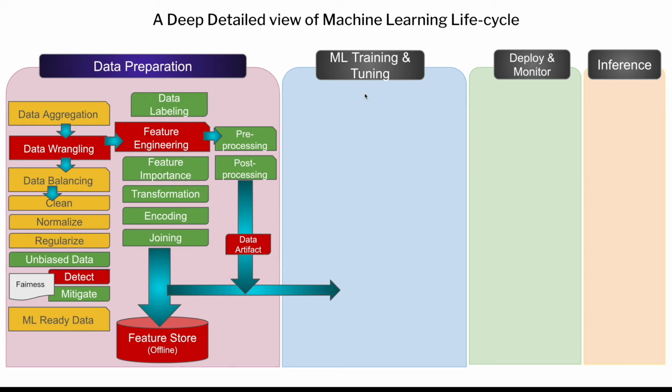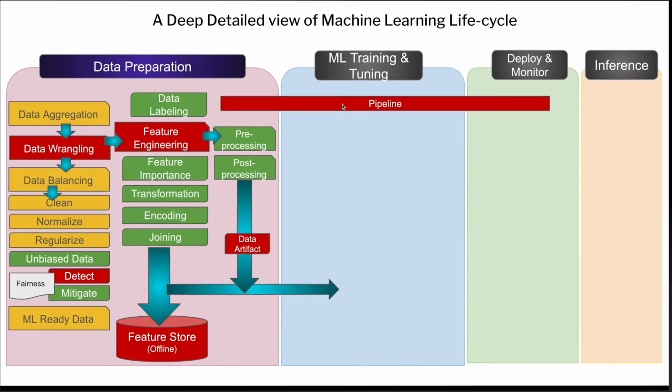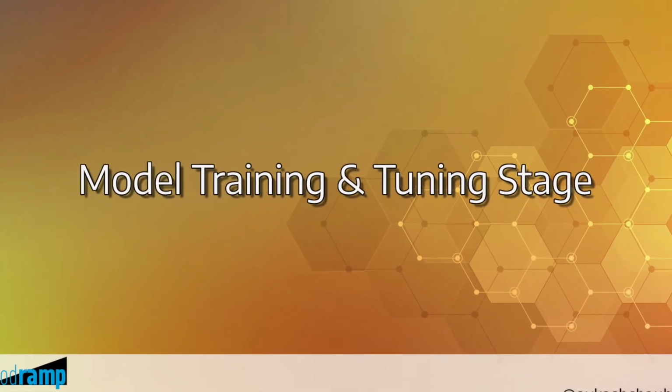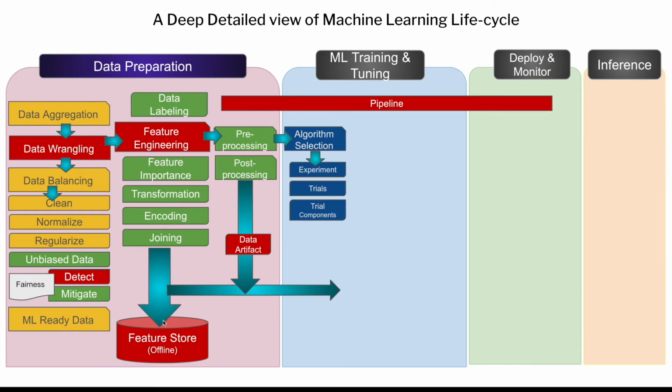And just please make sure that you have the ability to feed the fully feature-engineered data directly to your machine learning pipeline, or you could use the feature store where you are using the historical data as the features for your machine learning pipeline.